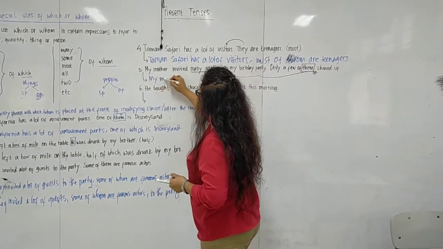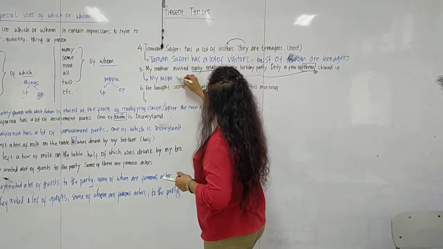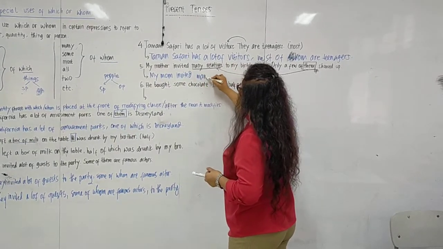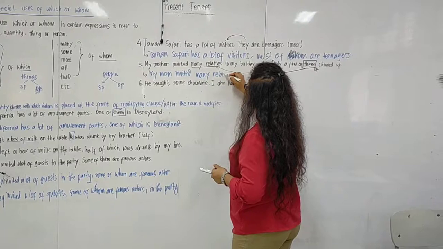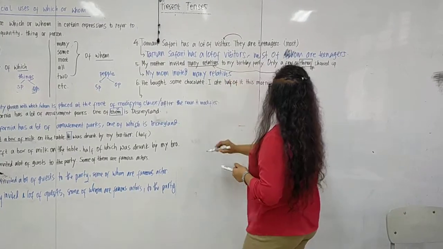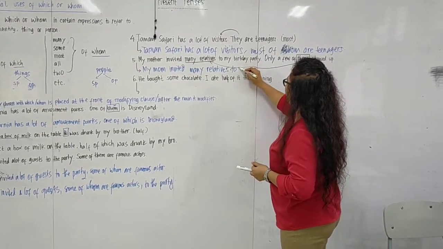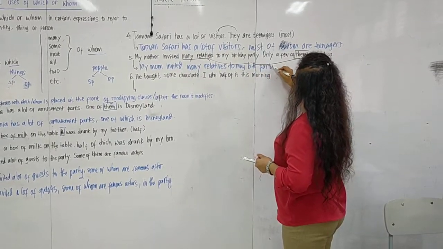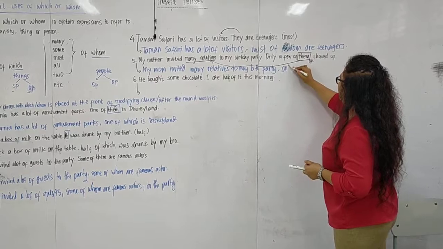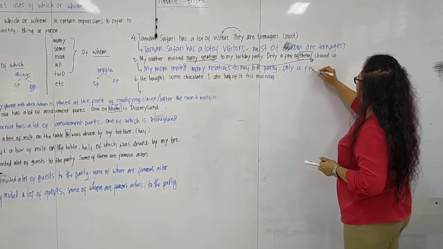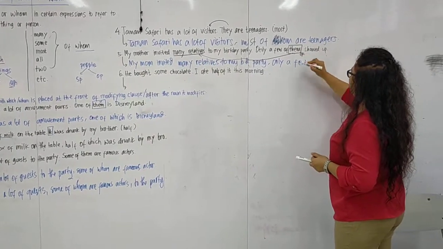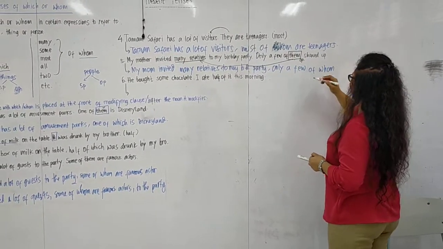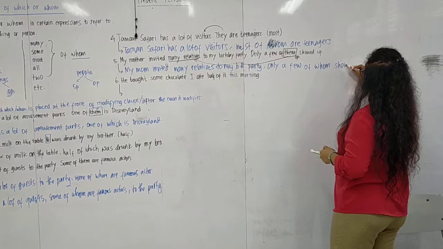My mother invited many relatives to my birthday party, comma, only a few of them, you change into whom because we are talking about people. Only a few of whom showed up.